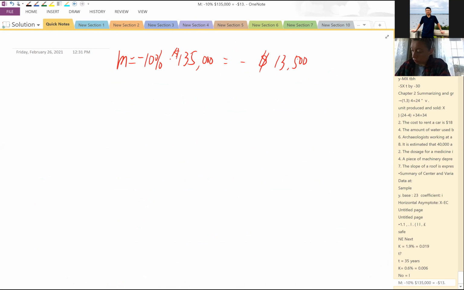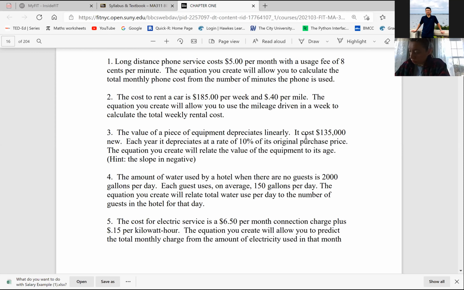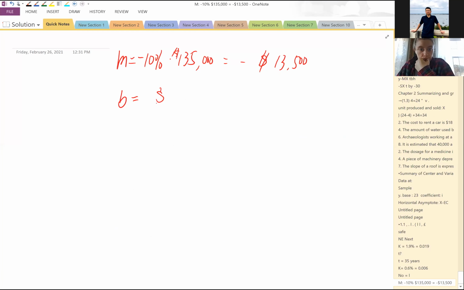Okay, and then the y-intercept b. Let's see what that is. The initial value is 135,000. That means y-intercept b is 135,000.